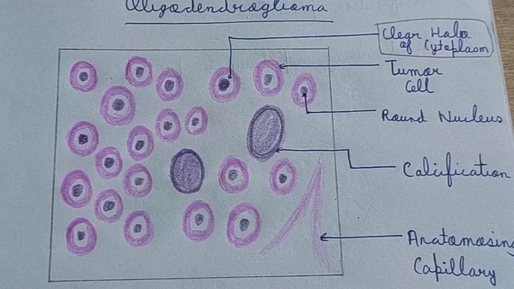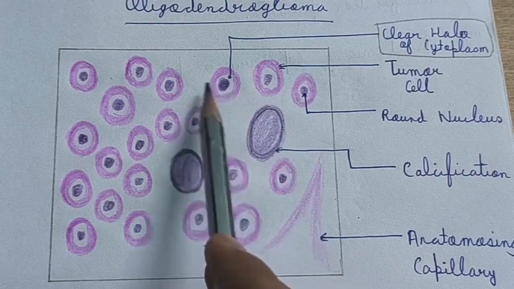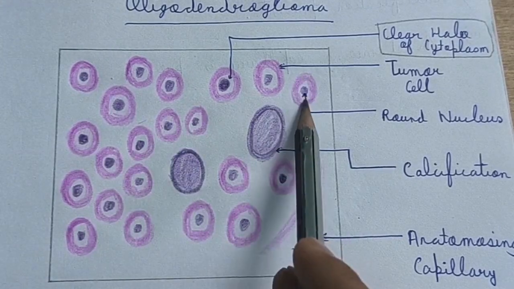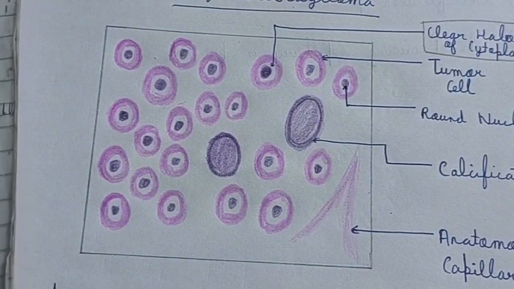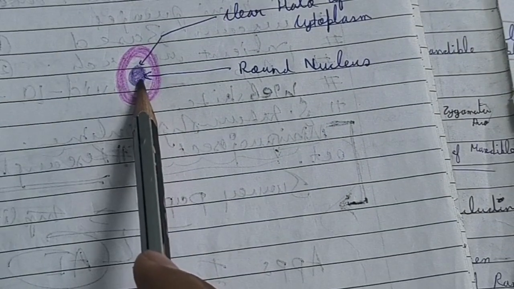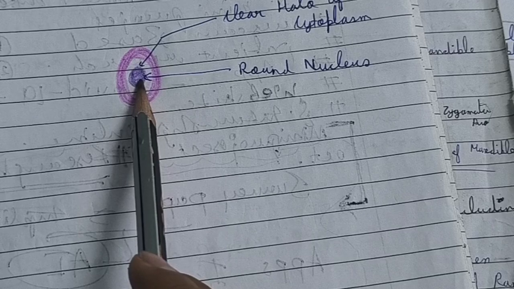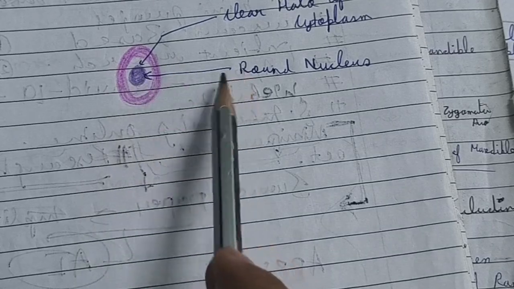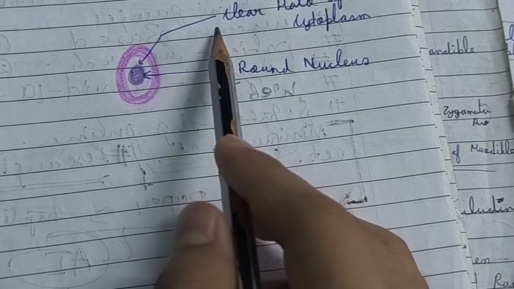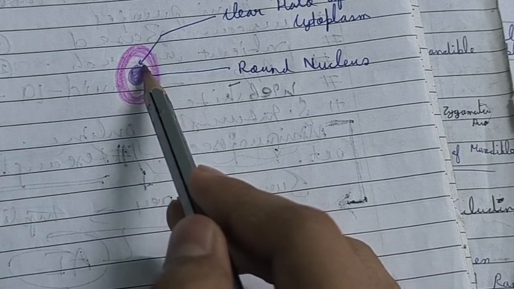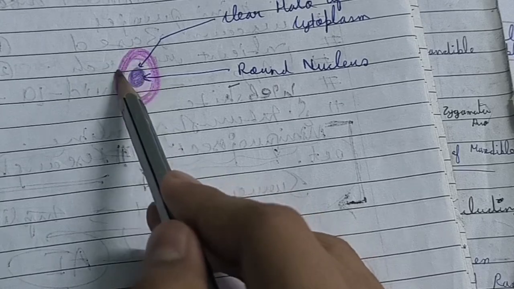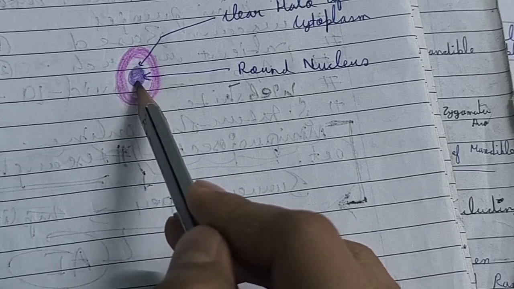So once again I am going to repeat. Here the tumor cells are found. You can notice that exactly at the center of the tumor cell the nucleus is found, and that nucleus is round. So, round nucleus. The next important part: in a tumor cell, the portion of cytoplasm is more towards the cell membrane than towards the nucleus.